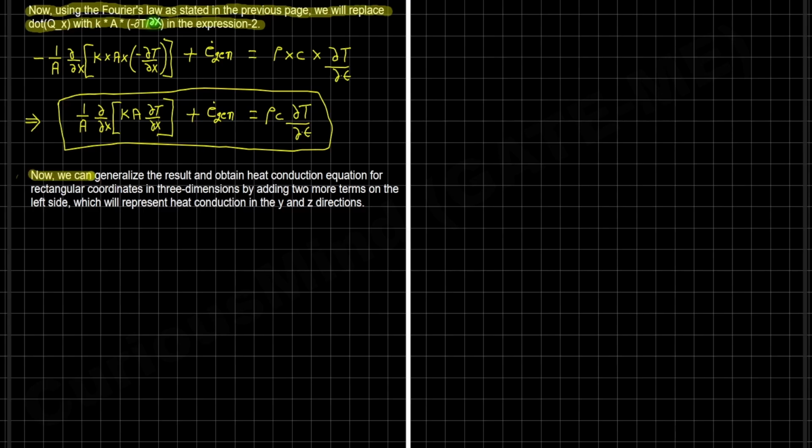Alright, now we can generalize this result and obtain heat conduction equation for rectangular coordinates or Cartesian coordinates in 3 dimensions by adding 2 more terms on the left side, which will represent heat conduction in the y and z directions.